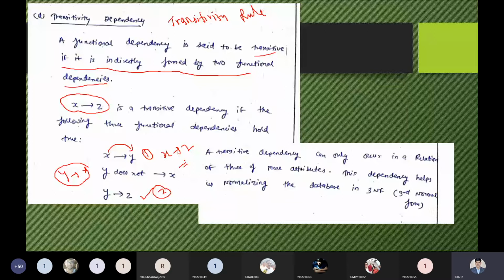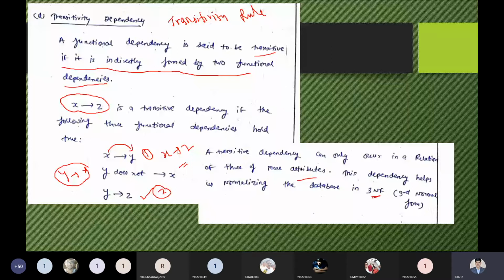A transitivity dependency can only occur in a relation of three or more attributes, and this is the most important dependency, which we apply in 3NF, known as the third normal form.